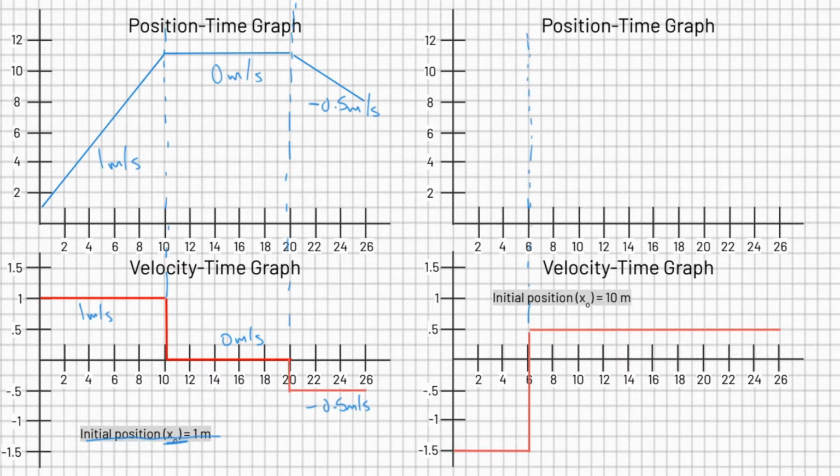So this is a little bit simpler velocity time graph. So we start at 10. Our initial position is 10, and we start off with a negative 1 meter per second slope. So we start at the 10 meter mark, and we go down to y equals 1.